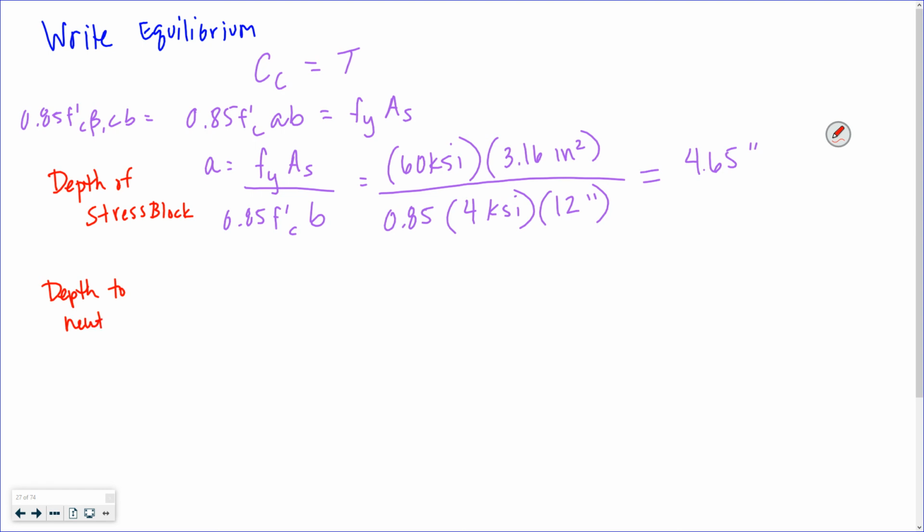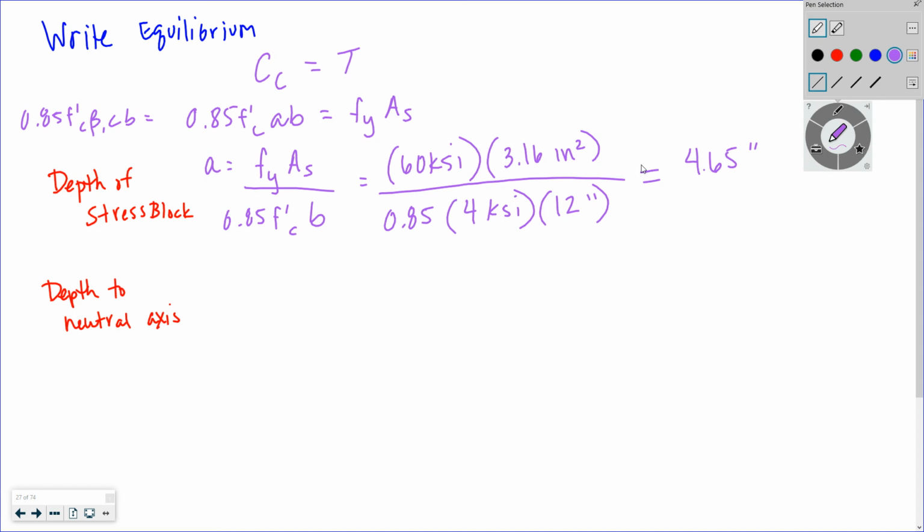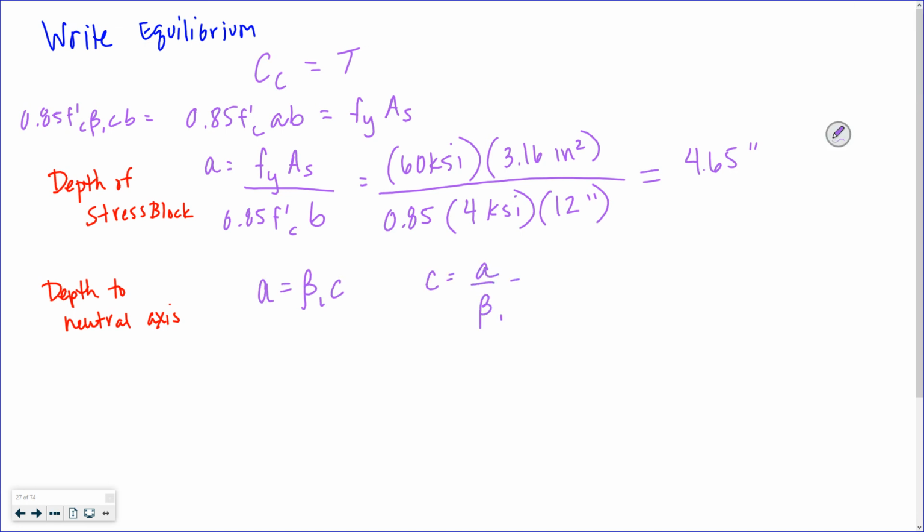I need to go with my depth to my neutral axis. A equals beta 1 C. So C is equal to A over beta 1, which is 4.65 inches divided by 0.85. Yes, there's two 0.85s. There's always going to be at least one.